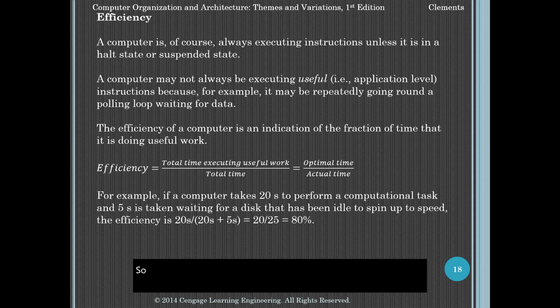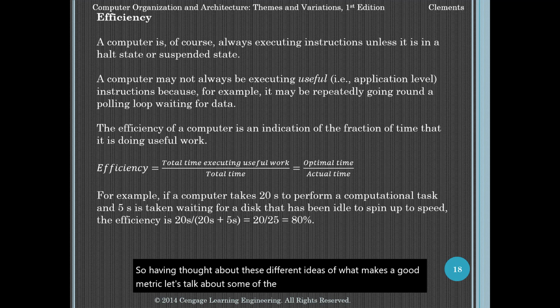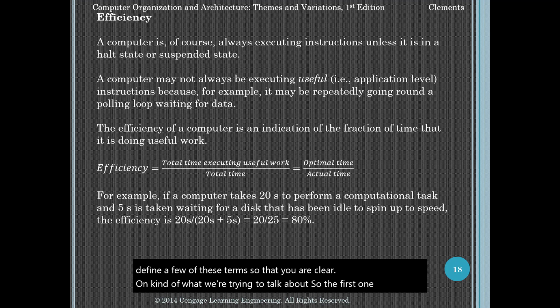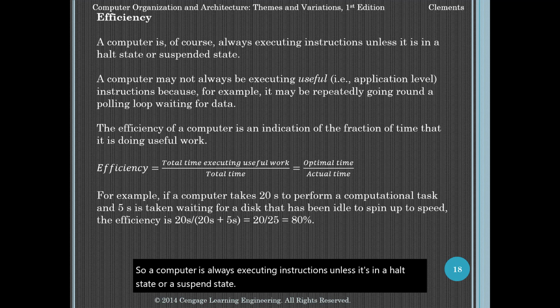So having thought about these different ideas of what makes a good metric, let's talk about some of the terminology, because computer performance has some characteristic terminology and we need to define a few of these terms so that you are clear on what we're trying to talk about. The first one we're going to talk about is efficiency. A computer is always executing instructions unless it's in a halt state or a suspend state.